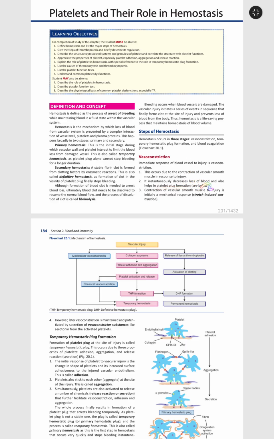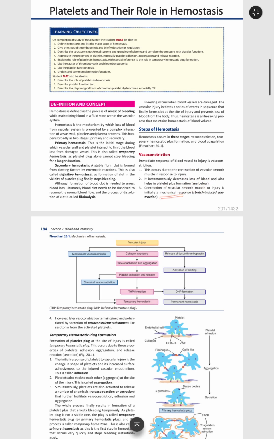Contraction of the vascular smooth muscle to injury is initially a mechanical response, stretch-induced contraction. However, later vasoconstriction is maintained and potentiated by secretion of vasoconstrictor substances like serotonin from the activated platelets.